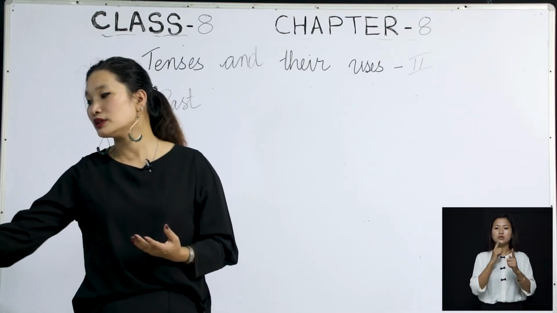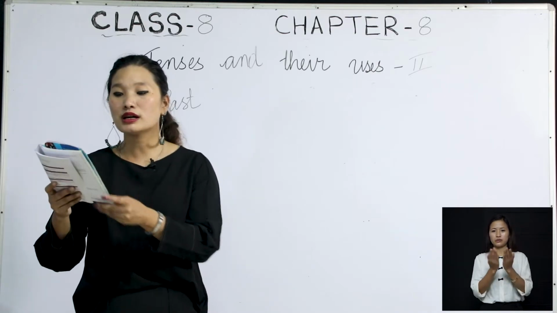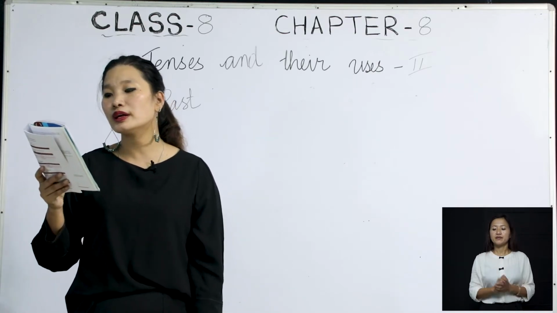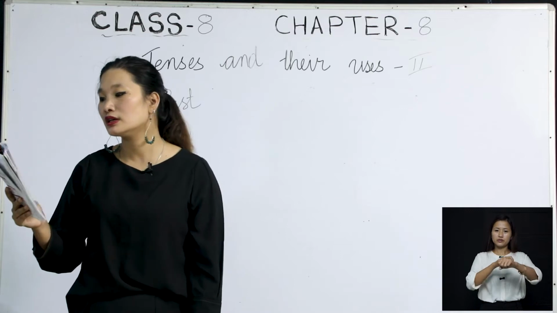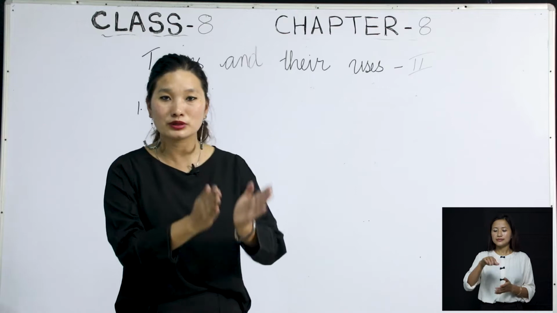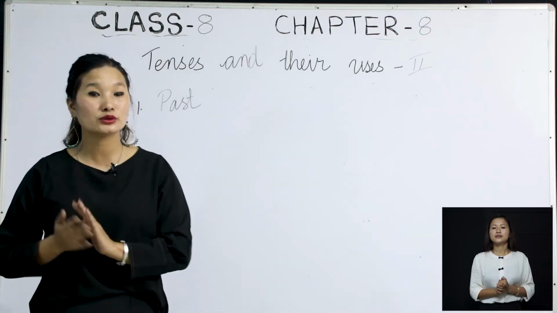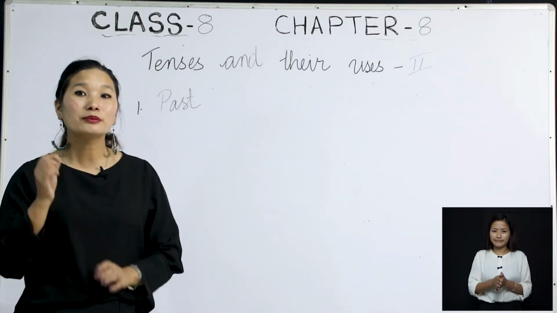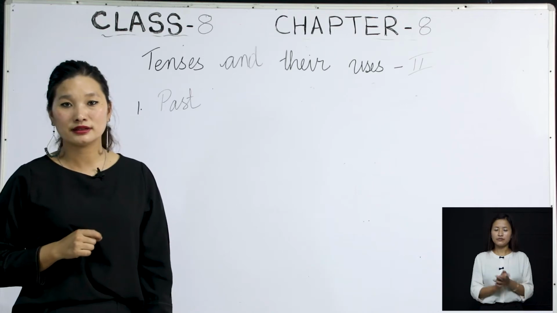I would like you to look into your book once more. To describe an action or event which occupied a period of time in the past which has now ended. That means you did a certain work at a point of time and you are not doing it anymore. "I played for 3 hours yesterday."